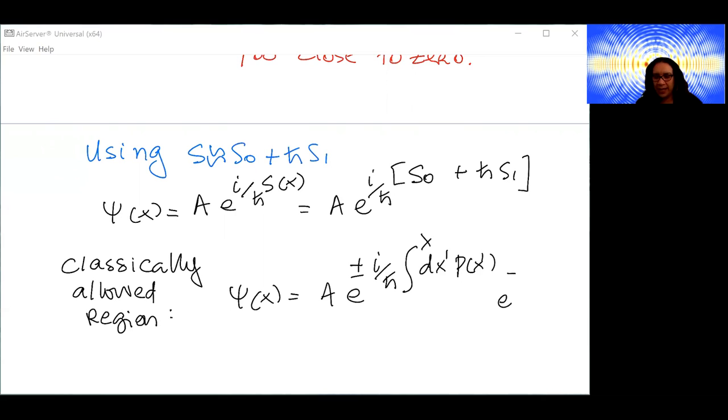Here we have e^(minus natural logarithm of p(x)). And then here we have some plus some constants, okay? Not including it, but we do have it.